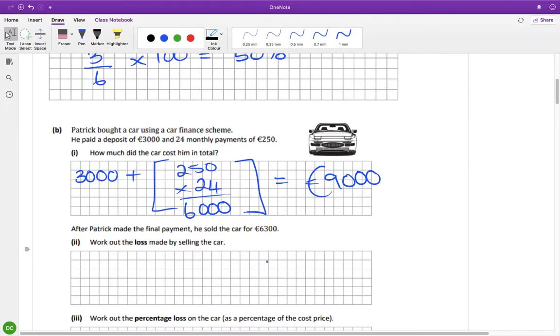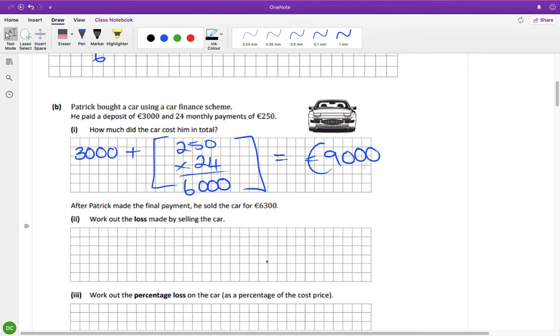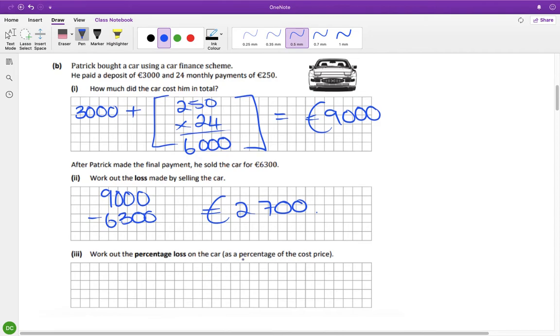After Patrick made the final payment, he sold the car for €6,300. What loss did he make? So if it cost him 9,000 and he only sold it for 6,300, if we subtract them, we get €2,700 was the loss he made. And work out the percentage loss as a percentage of the cost price. So he lost 2,700 over what it cost him, which was 9,000.